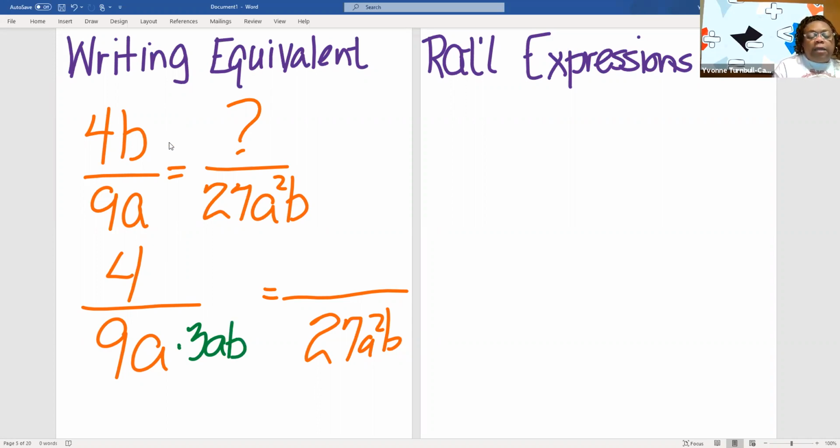Now, here again, I suggest that you check along the way so you can know you're on the right track. So let's check, shall we? 9 times 3 equals that 27 that they gave us. A times a is a squared. And then we have b times 1 is b. We're making equivalent fractions, so whatever you do to the bottom, you have to do to the top as well. On the bottom, I have 3ab. On the top, I also need a 3ab.